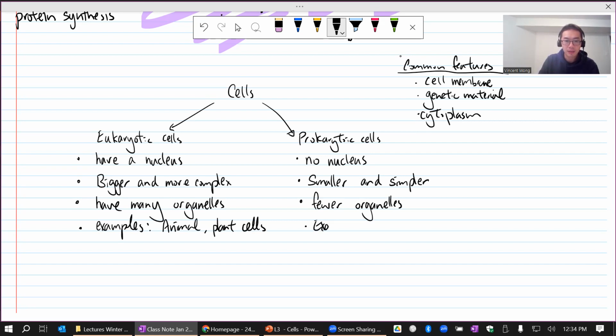And examples here are like bacteria. So that's some of the main concepts that we learned last time.